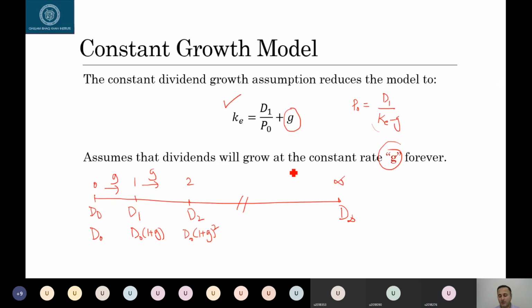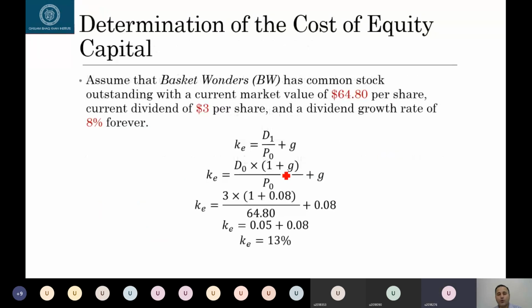So the first assumption is constant growth.